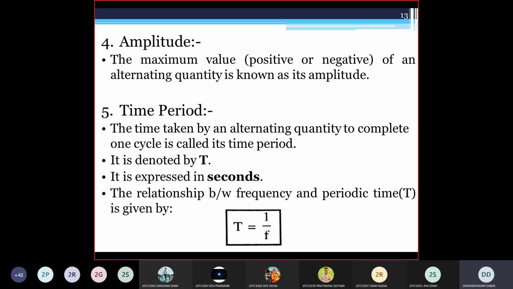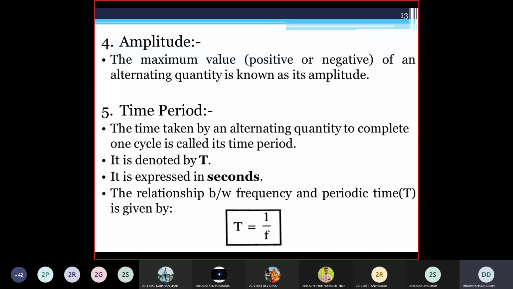The number of cycles completed by any alternating quantity per second, that is known as frequency. Suppose the time period T is 20 millisecond; it means the sine wave takes 20 millisecond to complete one cycle.